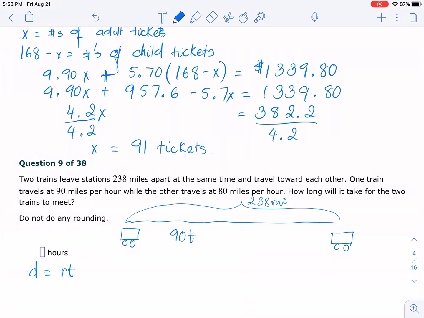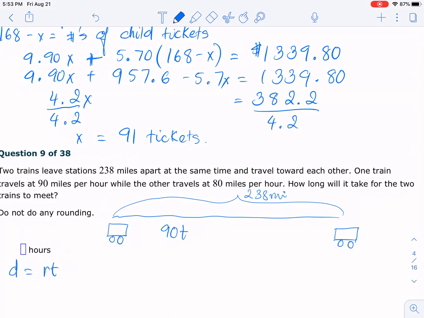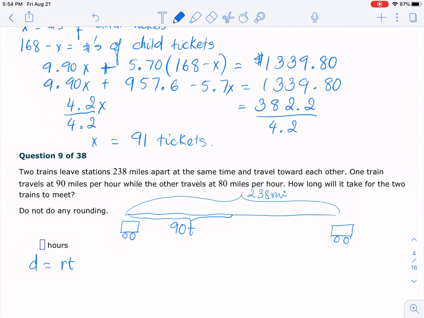How long will it take for the two trains to meet? So if I take 90 times t, I get the distance of this train. Now, the other train is 80 miles per hour. So if I take 80 and multiply by t, that's going to be the distance of this train.